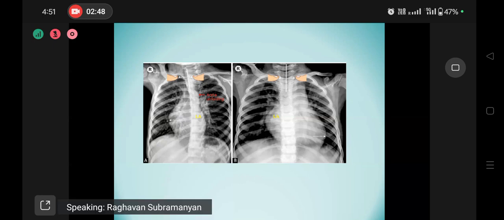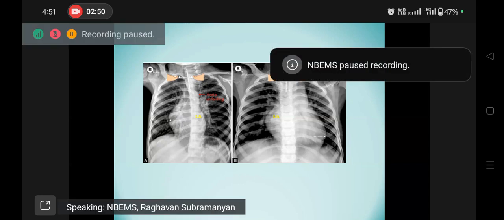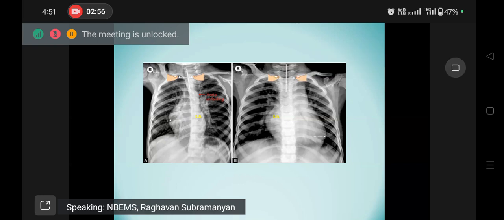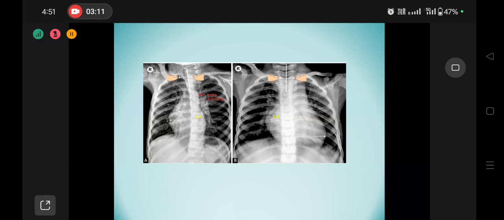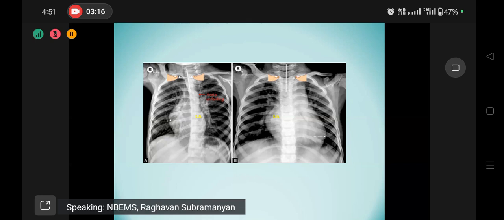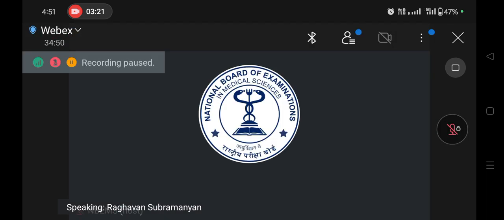Sir, actually the pointer is not visible, sir. I know. You can use the arrow. They are saying it is not visible. I am using it now because I am sharing the Microsoft PowerPoint. Can I just come out and share my desktop? Then it might be visible. Yes, sir. I'll just stop sharing for a minute. I'll try sharing again.